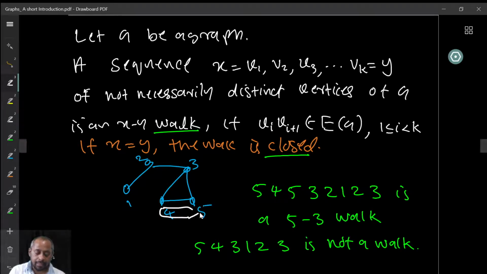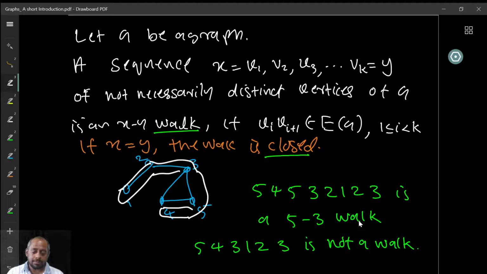Then I go to 3, then I go to 2, then I go to 1, then I go back to 2, then go to 3. This is a 5-3 walk because I am allowed to repeat the vertices and edges. So this is a walk.